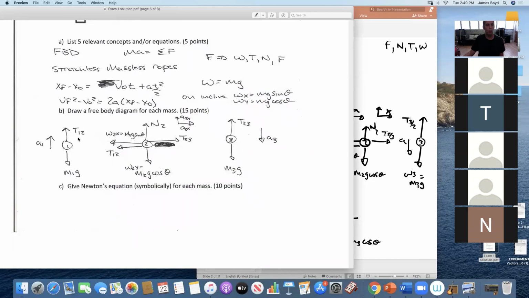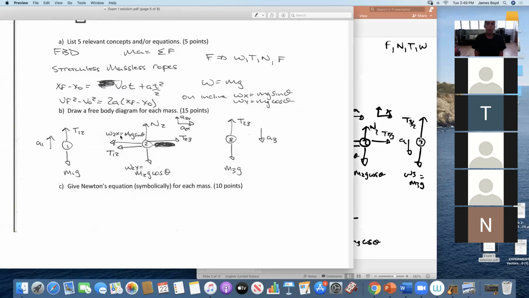So 1, 2, 3, 4, 5, 6, 7, 8, 9, 10, 11, 12. I probably gave a couple points to make sure that you knew how to break this up. But usually I start taking points away if you're missing vectors. For every vector you're missing and every acceleration you're missing, I take away a point. So make sure they're there.